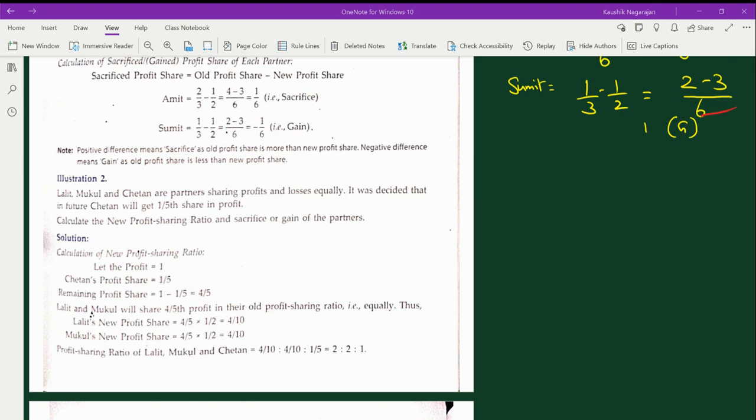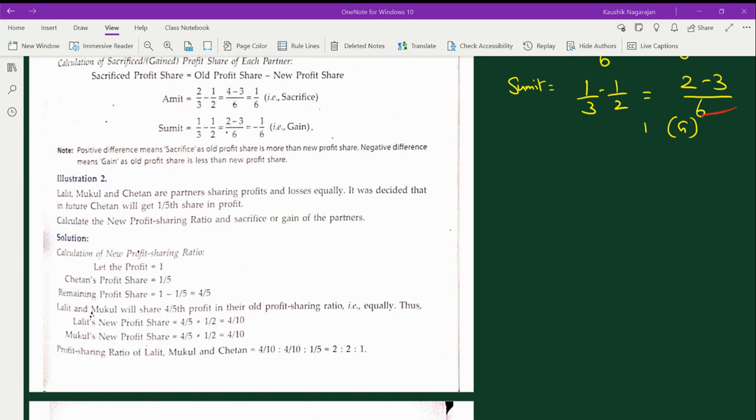Students, in my previous video we discussed the topic change in profit sharing ratio among the existing partners, and we just started with the calculation of new ratio, gaining ratio and sacrificing ratio.